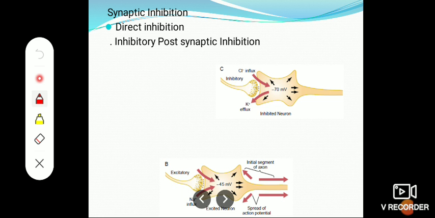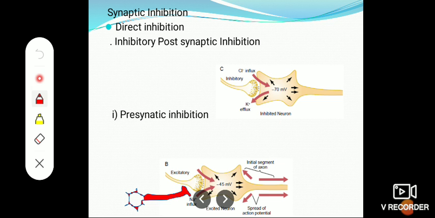Now sometimes there is excitation by one neuron to another. There is an excitatory potential, but other neurons are inhibiting this excitatory neuron, just like putting a brake on acceleration. So it is called presynaptic inhibition.